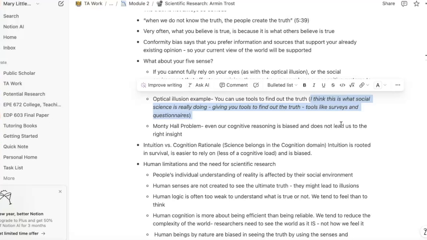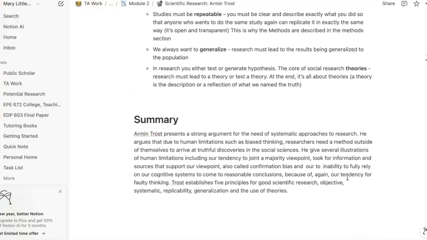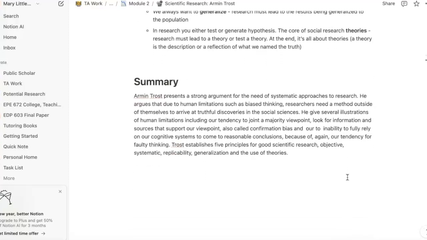That way, when I'm rereading my notes, I know that was my own thought, not what was said in the video. So for the summary of this video, I said Armin Trost, I think is how you say his name, presents a strong argument for the need of systematic approaches to research. He argues that due to human limitations, such as biased thinking, researchers need a method outside of themselves to arrive at truthful discoveries in the social sciences.